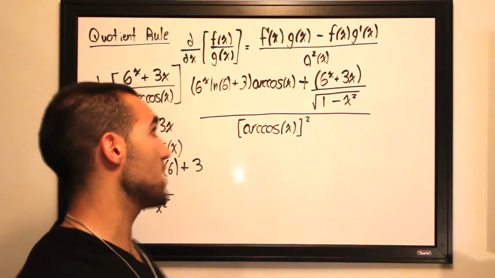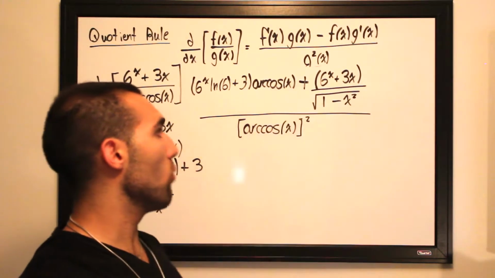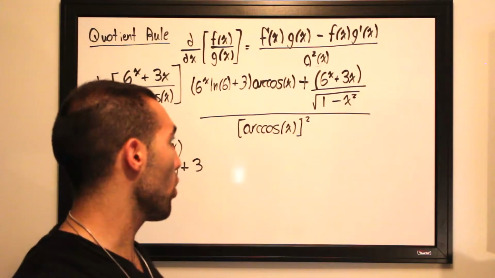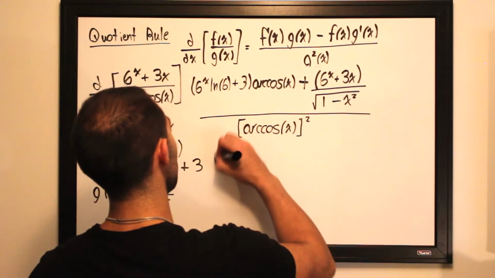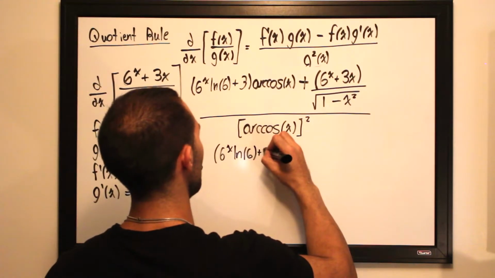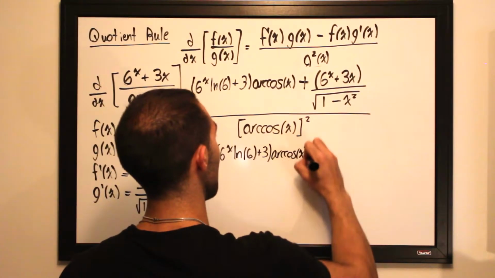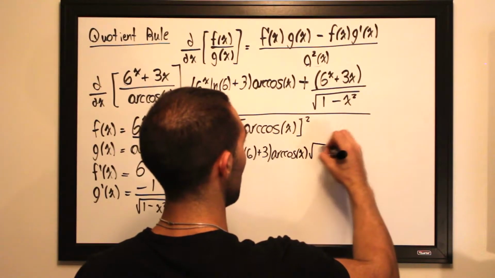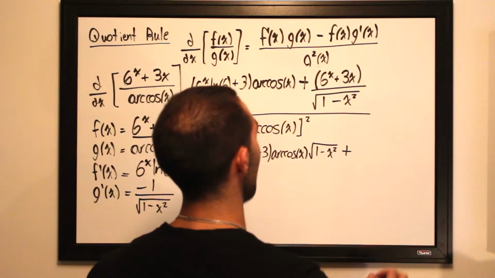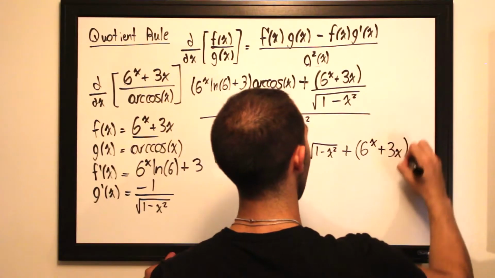So what we're going to do to clean this entire thing up is multiply both the numerator and the denominator of this by the square root of 1 minus x squared. We're not going to change the value of the function. We're just going to be rewriting it in a different form. So we will have 6 to the x times ln of 6 plus 3, times arc cosine of x times the square root of 1 minus x squared, plus, this entire thing will be added on to 6 to the x plus 3x.